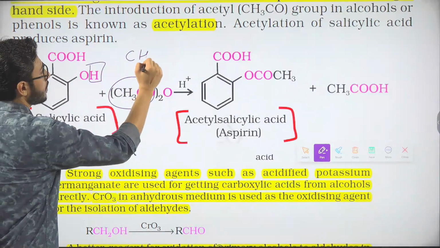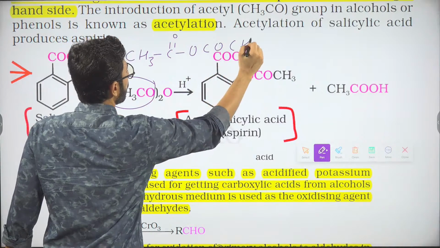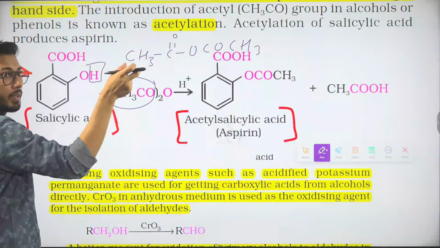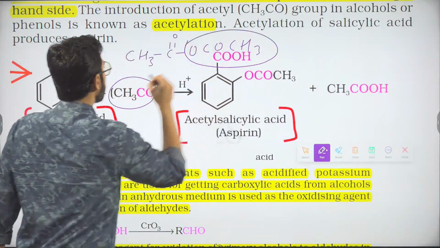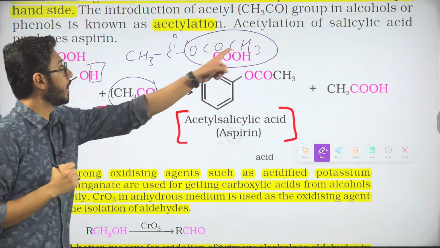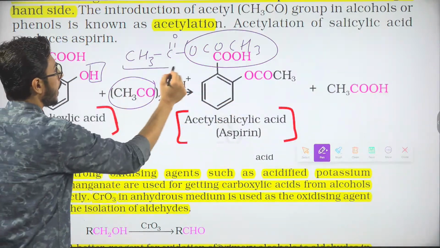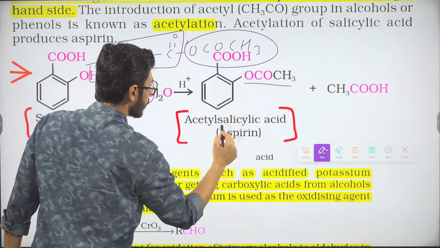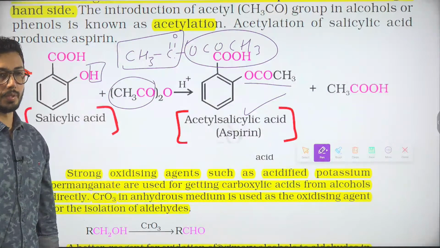Or you can say this is CH3C double bond O, OCOCH3. Just like in the case of carboxylic acid, OH is removed from the carboxylic acid and H from the alcohol. Here OCOCH3 and H are removed, so CH3COOH is formed. Plus this acetyl group combines with oxygen, resulting in OCOCH3, acetylsalicylic acid, or aspirin formation.